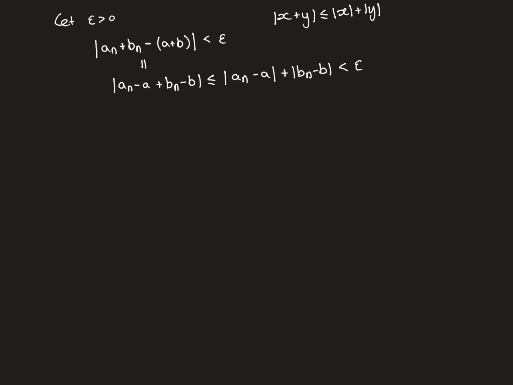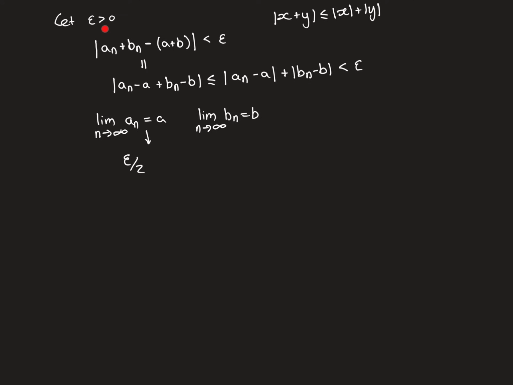So now we use the fact that the limit as n approaches infinity of an is equal to a, and the limit as n approaches infinity of b of n is equal to b. So what we can now do is apply the epsilon definition of limit, and we can use it with epsilon equal to our initial epsilon over 2.